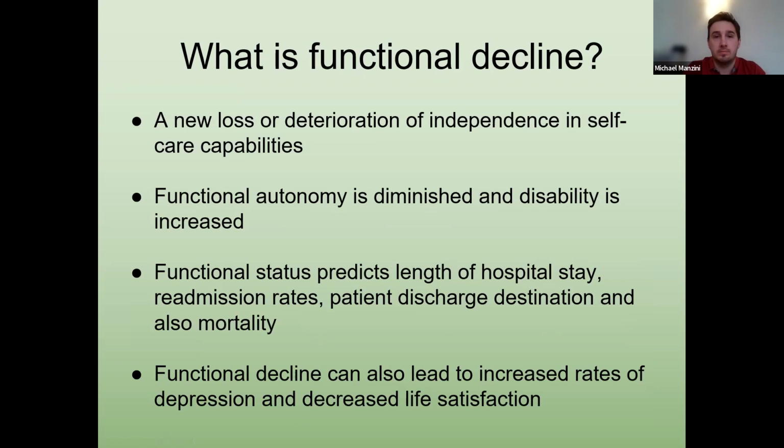Functional decline creates a loss of independence and autonomy, and often increases disability with difficulty with day-to-day activities, including self-care. Functional status predicts the length of hospital stay, readmission rates, patient discharge destination, as well as mortality. So it's quite a big impact.